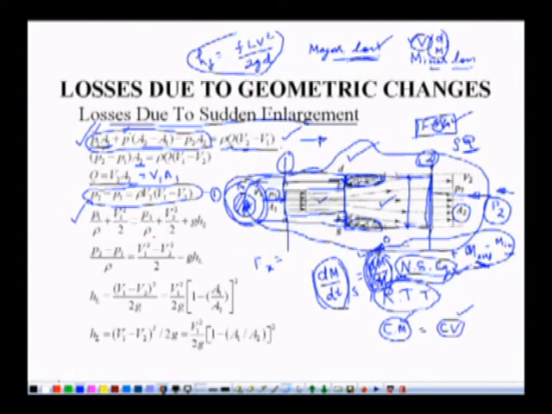It is P2 divided by rho plus V2 square divided by 2, since area is different, so here we will have different velocity, plus some energy is lost. So some energy is lost, so we have HL, right. Generally P1 over rho g plus V1 square divided by 2g is equal to P2 over rho g plus V2 square divided by 2g plus HL. It is written like this, so we have multiplied it by g, so we have this equation.